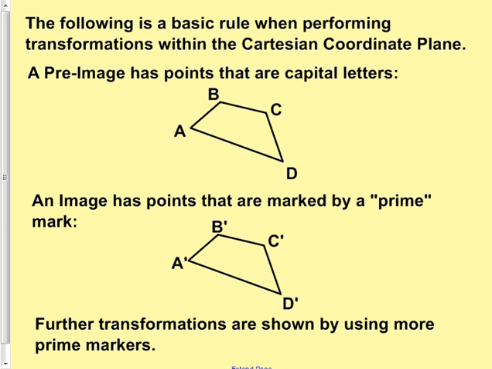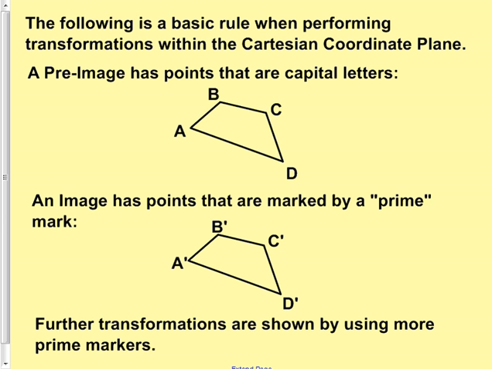We also said that when we are performing transformations in the plane, there's a basic rule for how the figures are named. When we have a pre-image, which is an object that has not been transformed yet, it has capital letters for its corner points, and then after a transformation has operated on the pre-image, we then call it an image, and the same corner points are still labeled with the same letters, but they are then denoted by prime markers, indicating that something has changed them.